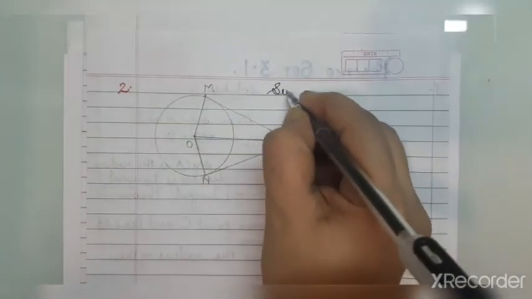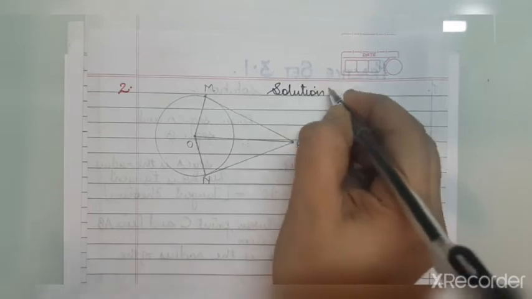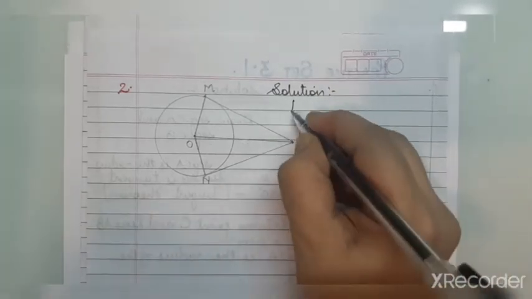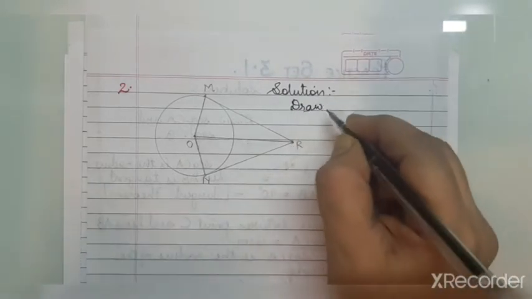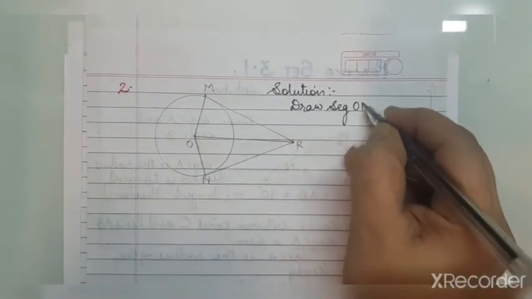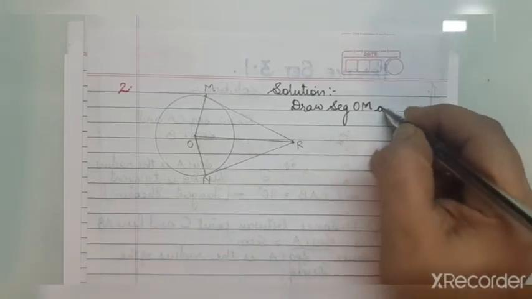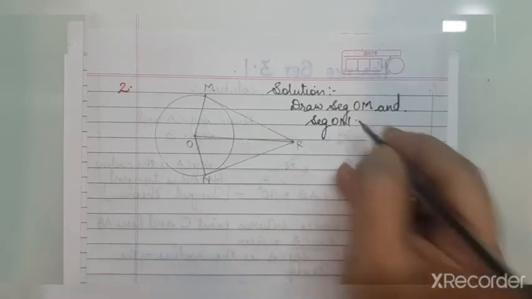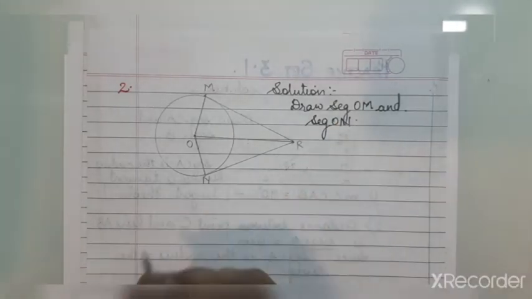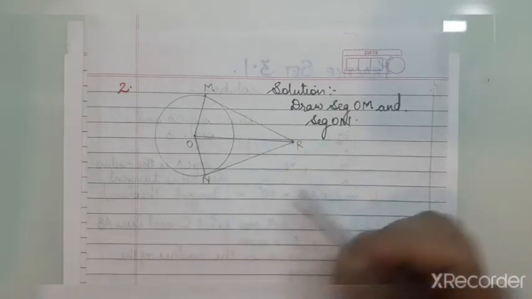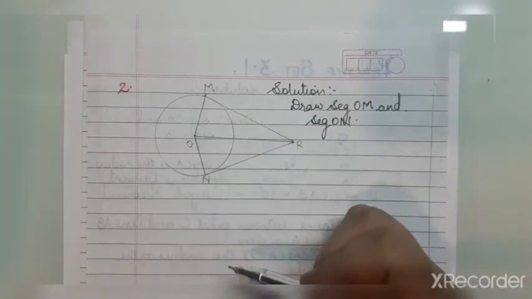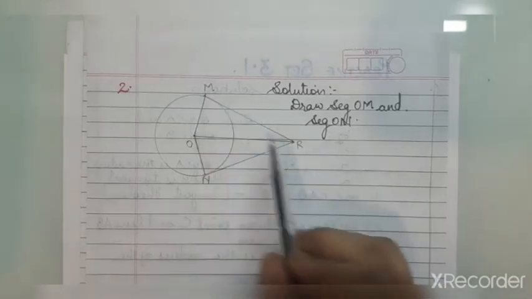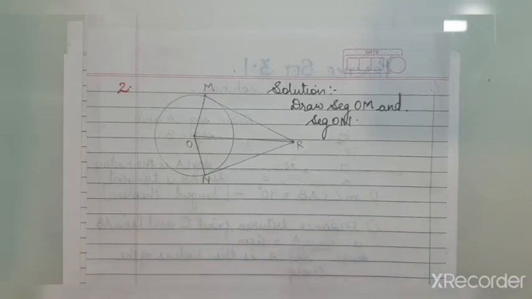So in the solution, in the beginning you can write that we are going to join segment OM and segment ON. Now we begin. The first thing asked is to find the length of each tangent segment, so RM and RN. Clear?